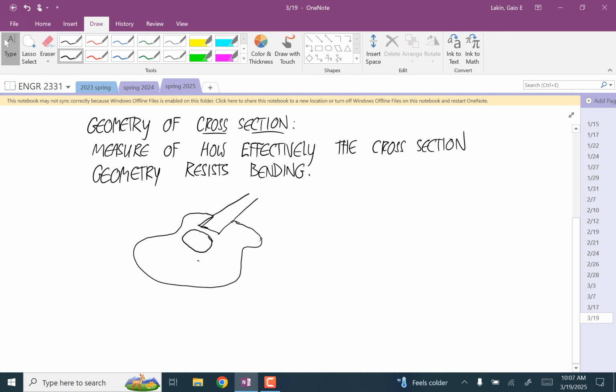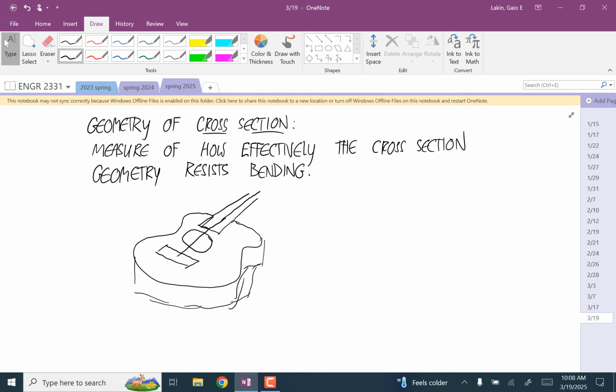Okay, and you have the strings. Let's make this a one-string guitar. Okay, so this makes noise because that string makes the top vibrate.